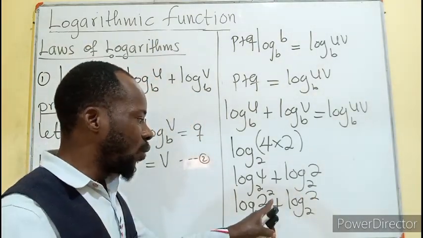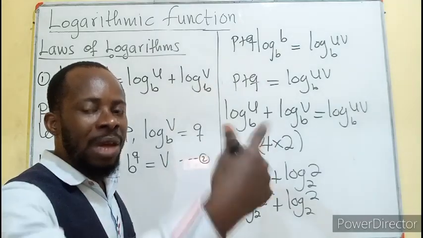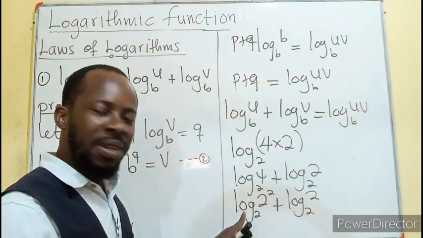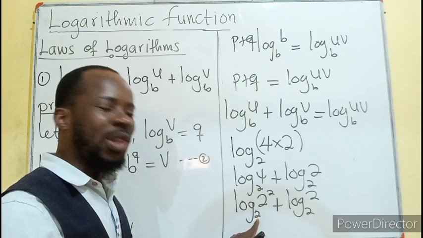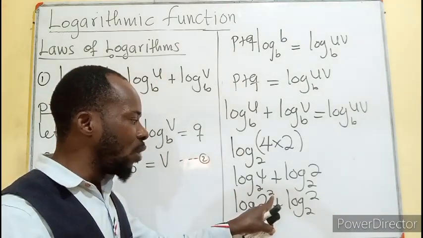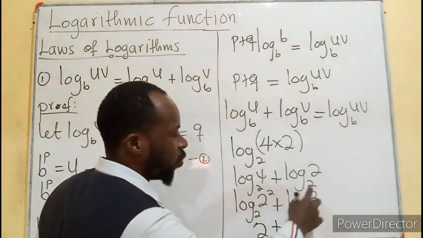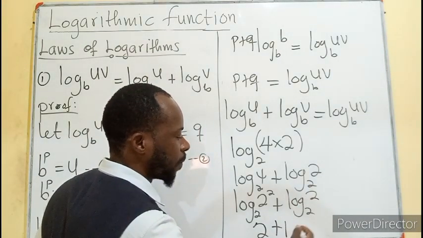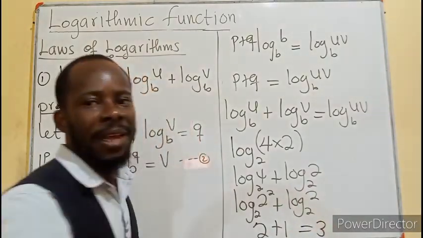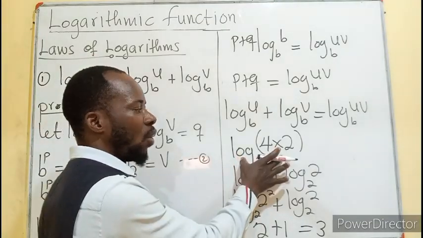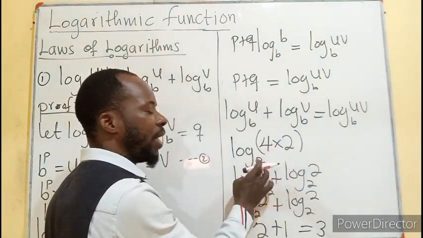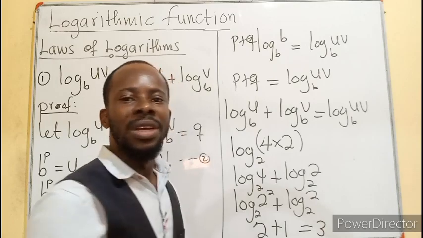From our properties, if the argument and the base are the same, you only take the exponent. So here it is 2 plus 1, which gives us 3. So simplifying log of 4 times 2 base 2 just gives us 3.